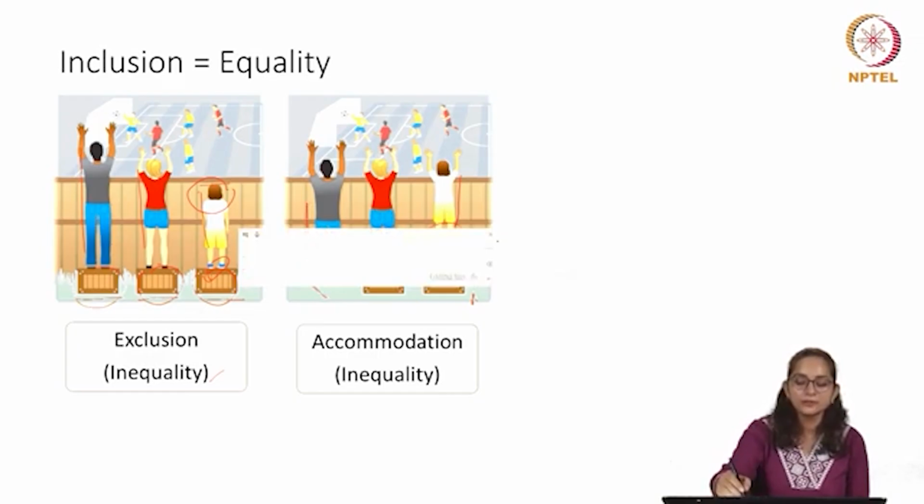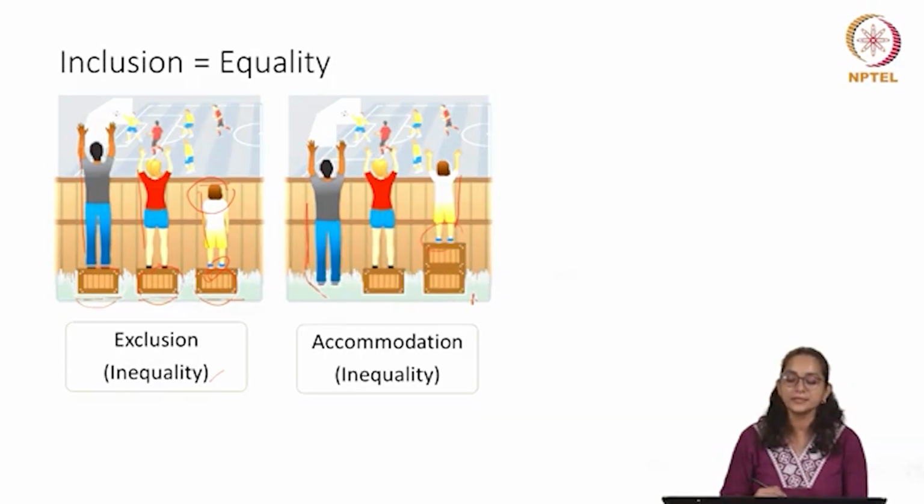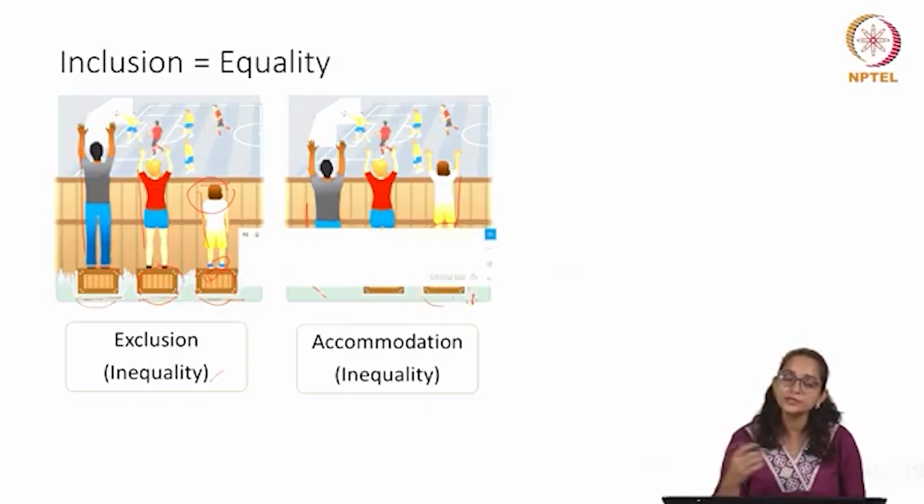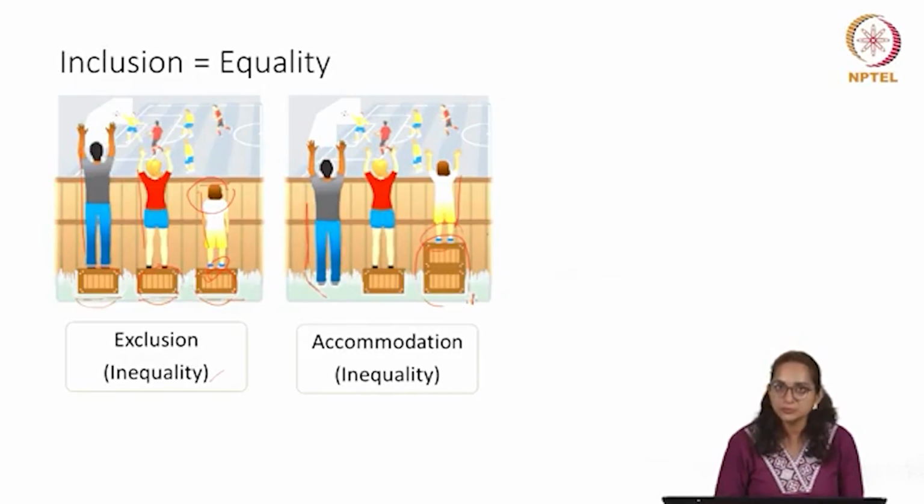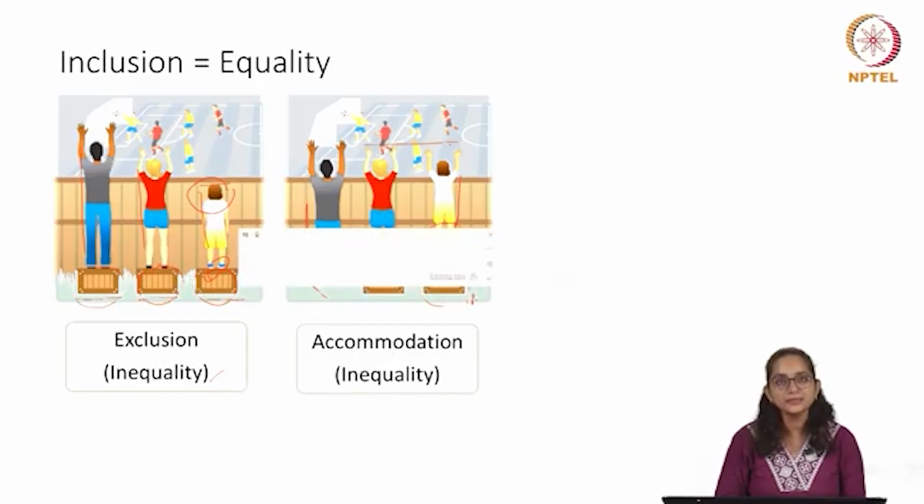In this case, all kinds of users are probably able to access the match, but they are still unable to experience equality because they are all using different kinds of interventions, different kinds of products, right? So that is also inequality.